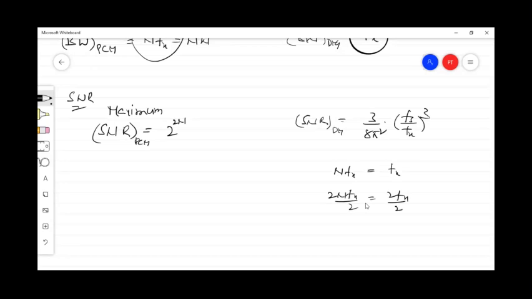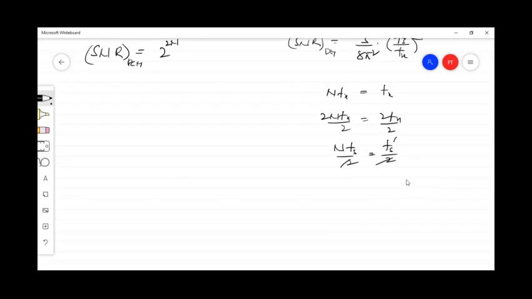So what is this actually? This is n fs. It is simply equal to fs, because I'm writing this as f dash. F dash means sampling rate in DM. Therefore, sampling rate in DM is equal to n times the sampling rate in PCM.